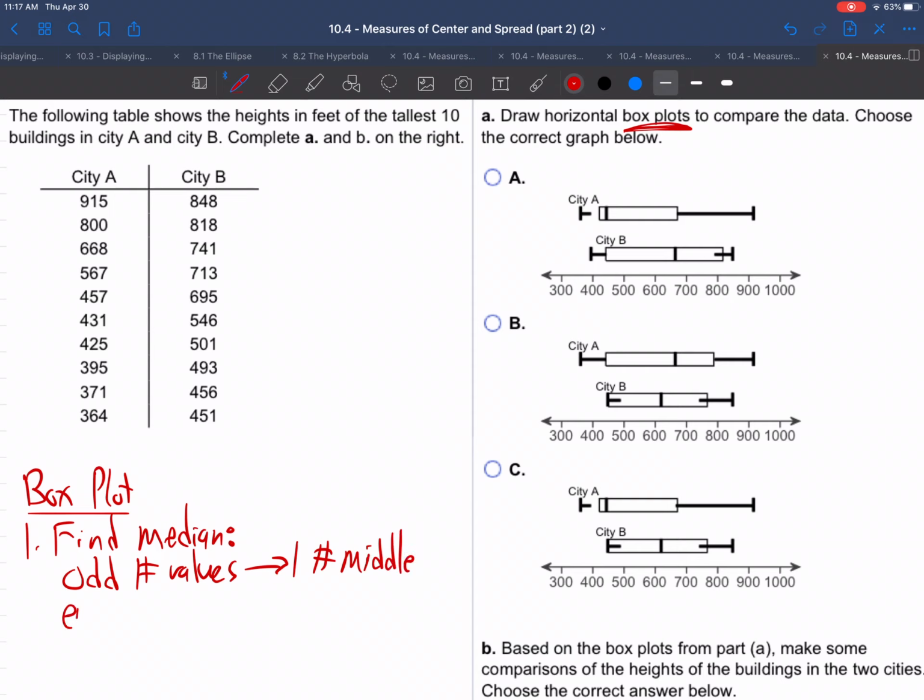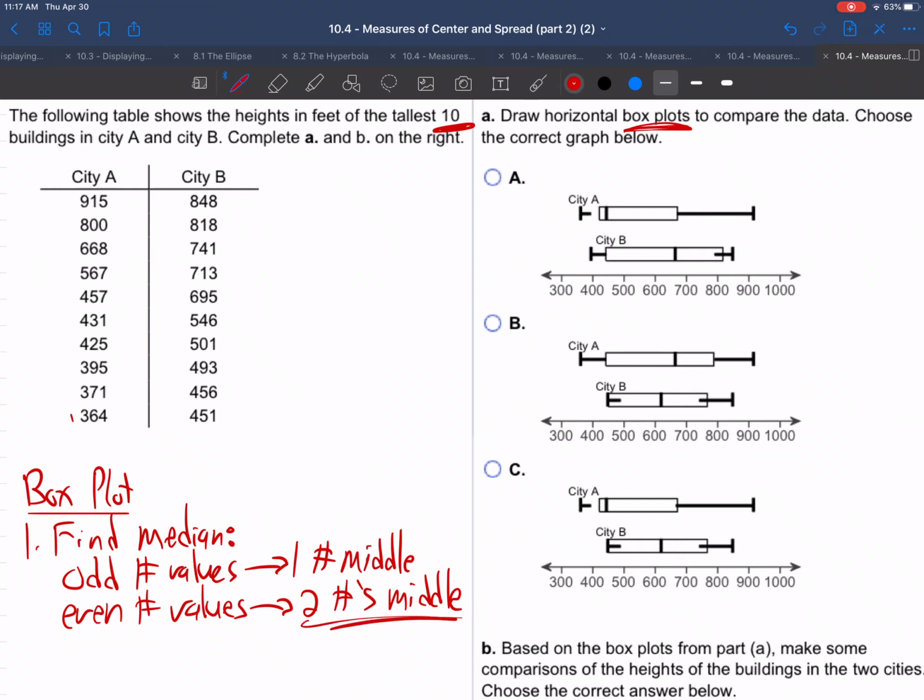If you have an even number of values, you'll have two numbers in the middle, and you just average them, add them and divide by 2, right? So if you count these, we have 10. Yeah, 10 tallest buildings. So that's an even amount. So we're going to have two numbers in the middle.